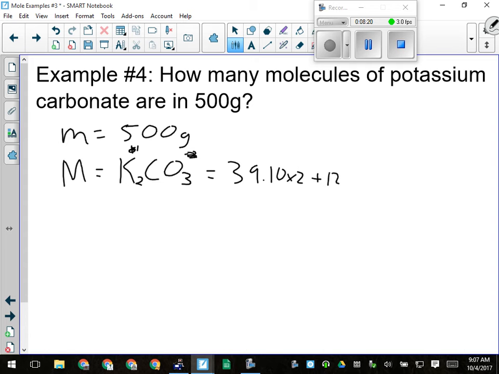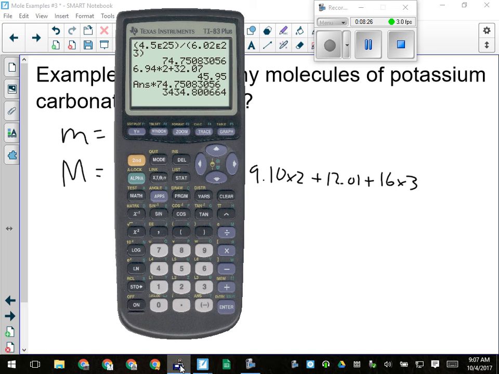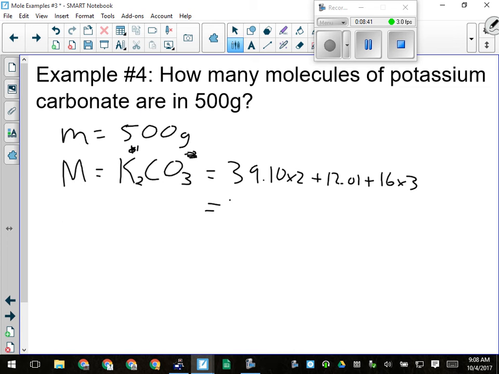Okay, plus 12.01, and then 3 oxygens. Okay, so 39.10 times 2 plus 12.01 plus 48. Okay, so 138.21 grams per mole.